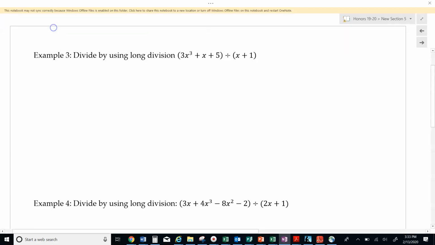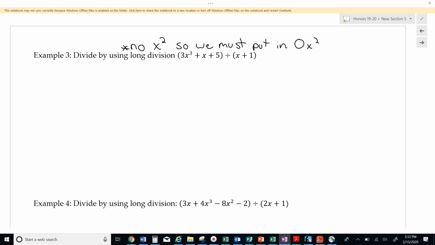Okay. One thing with example 3, I threw this in here to be a tricky one. If you notice with number 3, there is no x squared. So we must put in 0x squared, okay?